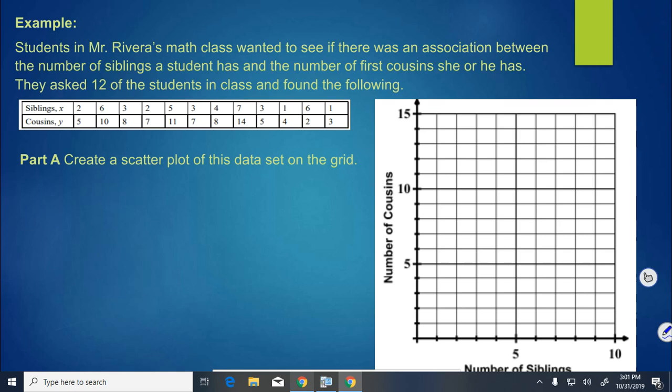So we have siblings x 2, cousins y 5 as our first data point.